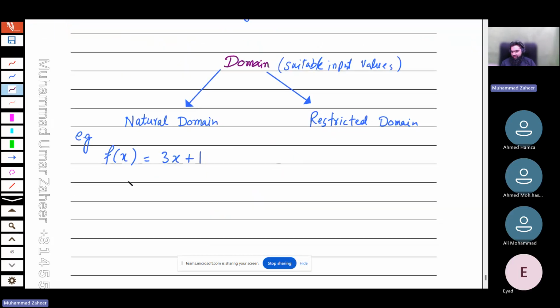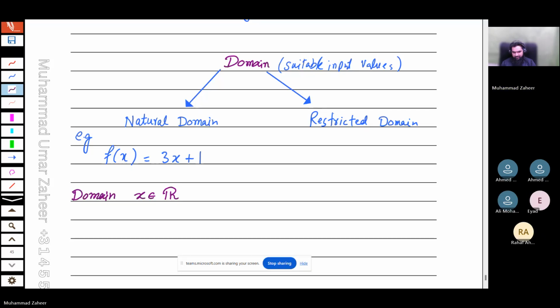So the domain and range of this function will be x belongs to all real numbers. That is your domain, and you have f of x belongs to all real numbers as well because the output is all real numbers. So it is your range.